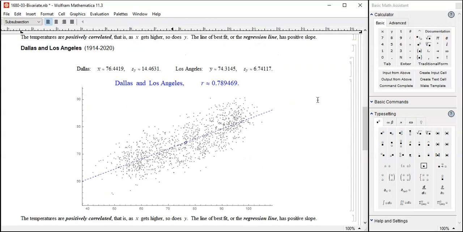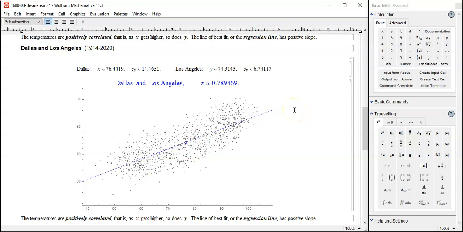Okay, let's go back to Dallas and Los Angeles. You still see a linear pattern and pretty strong correlation as well. Even without this blue line, you can still see a clear linear pattern there and a line of best fit forming.